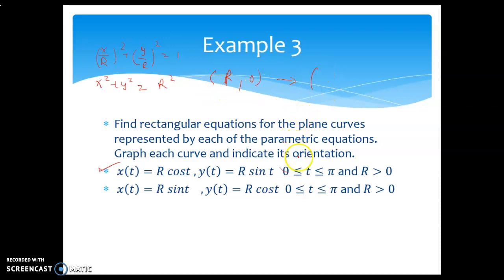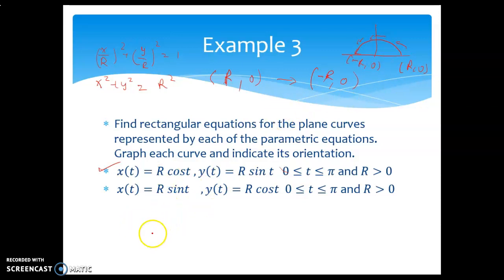When we plug in pi for this one, we get negative 1, and for the other we get 0. The graph looks something like this. We start from here, so the orientation starts from there, with negative r and 0 on the x axis, and r and 0 here.